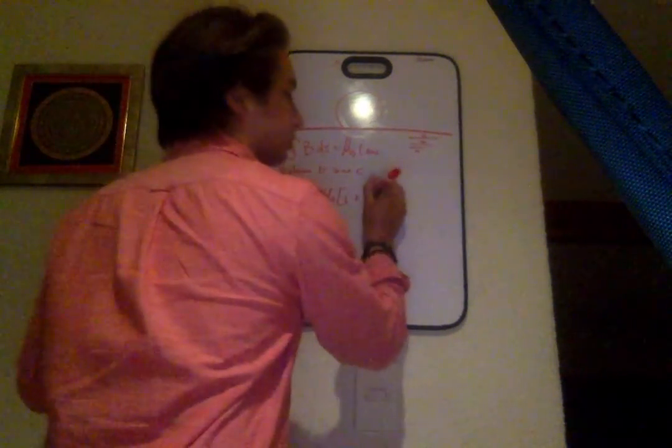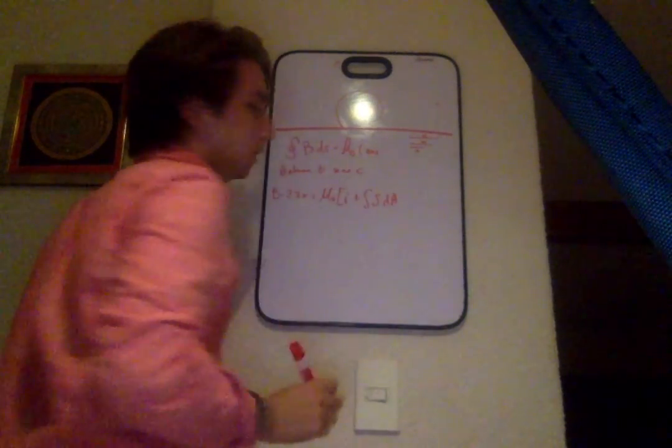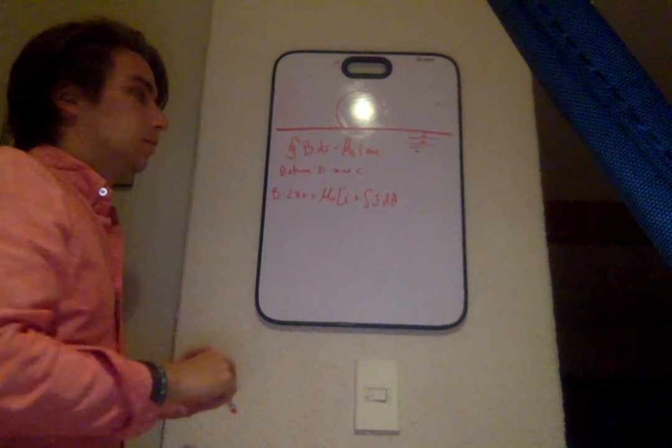And I of the shell is basically the integral of J times dA. You remember that from the first step of our problem.